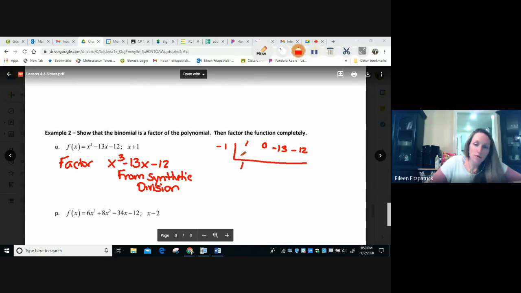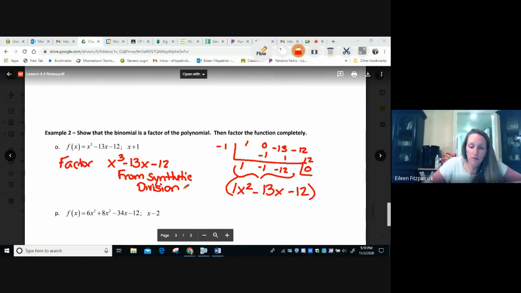I dropped the 1, multiplied again, -1, -1, that's 1, that's -12, that's 12, that's 0. This was the quotient. So when I divide this by x plus 1, I'm left with 1x squared, because it's 1 degree less, minus 13x minus 12.